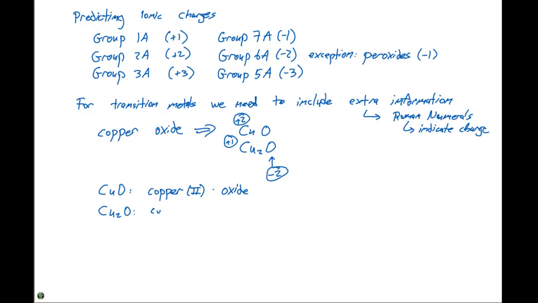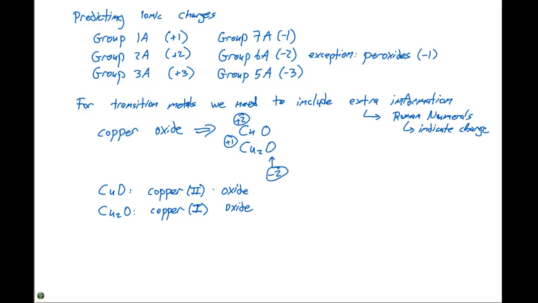Cu2O is going to be copper(I) oxide. So with these transition metals, they exist in varying oxidation states, or with varying charges, so we need to indicate that in parentheses to distinguish between CuO and Cu2O.